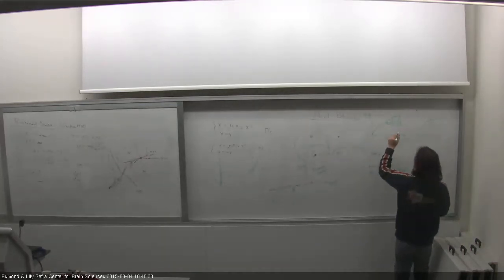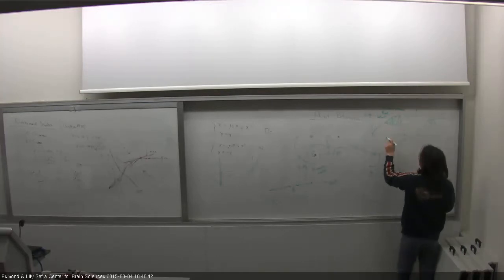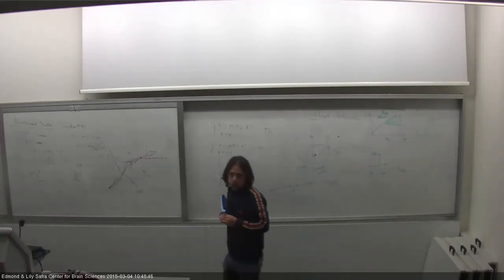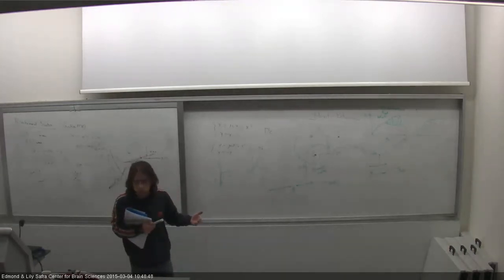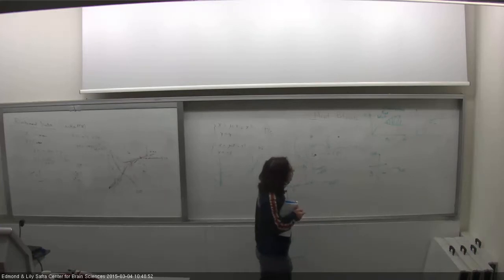Okay, this is specifically a supercritical Hopf bifurcation because the limit cycle opens for mu larger than mu c. You could also have a subcritical Hopf bifurcation. I won't draw it.